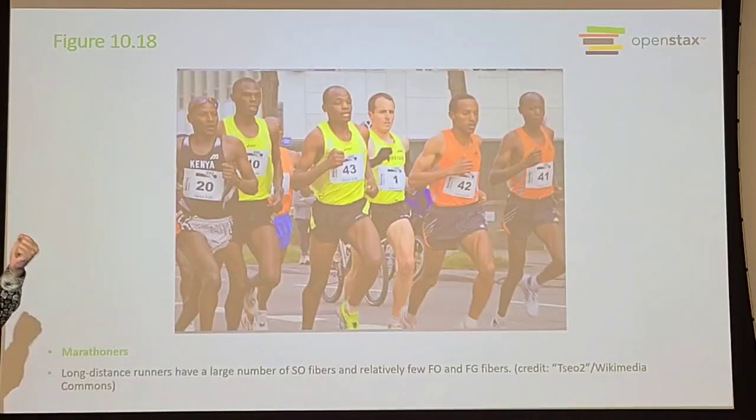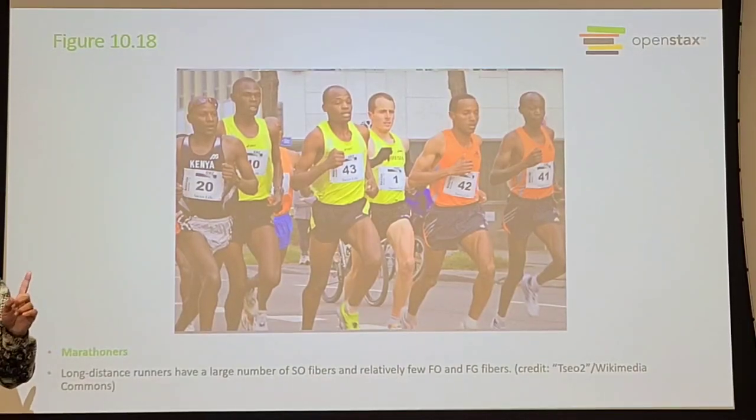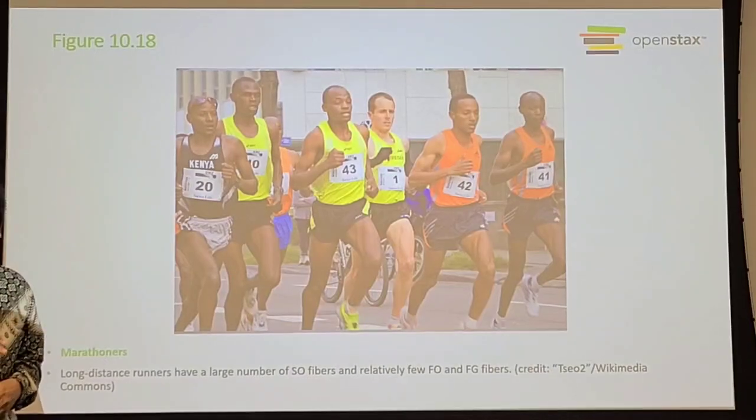Bodybuilders are strong and have endurance, so it's going to be more red. Sprinters, what do you think their muscle is mostly going to be? White. Are you with me? So you yourself individually actually have a different ratio of white, red, and pink meat.